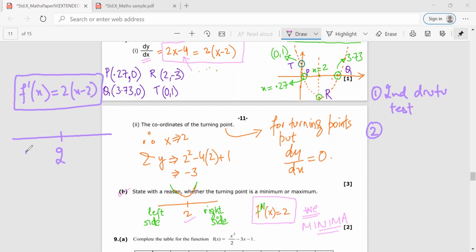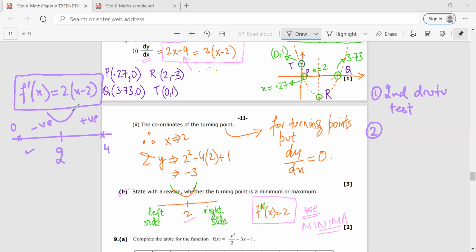When I look at the left of the turning point, if I take an easy point like say 0, the value of the first derivative would be negative. And on the right side, if I take an easy point like say 4, the value of the derivative would be positive. At 2, the value is 0. Therefore, this is how the graph would look.